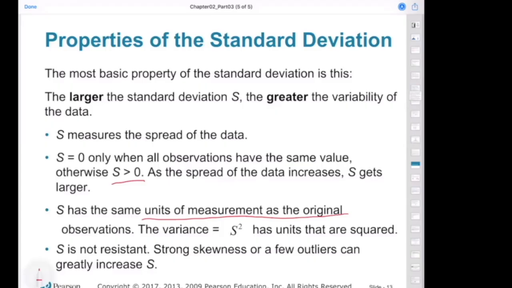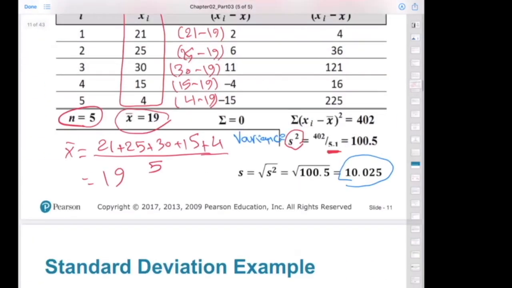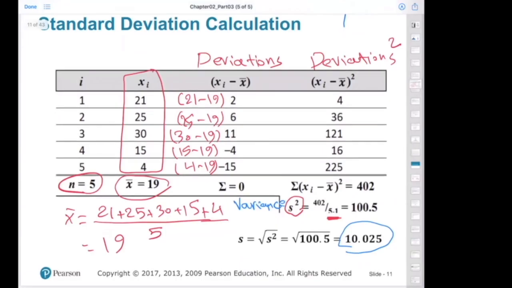But the variance, let me return to this one. Look at here for this example. This is the variance, S squared. So 100.5 here is the average of the squared deviations.